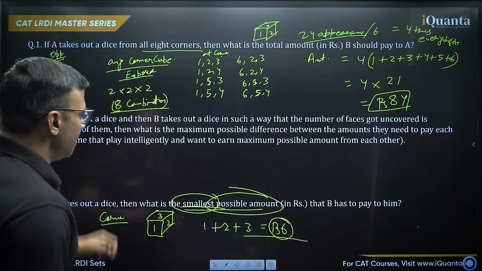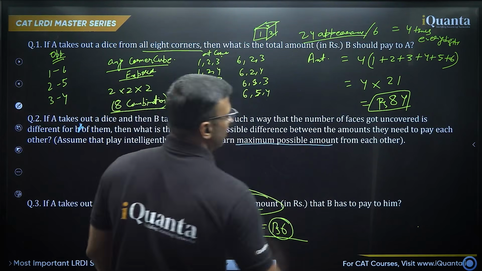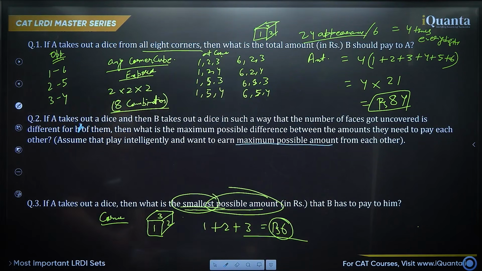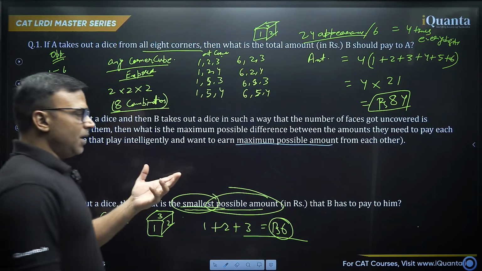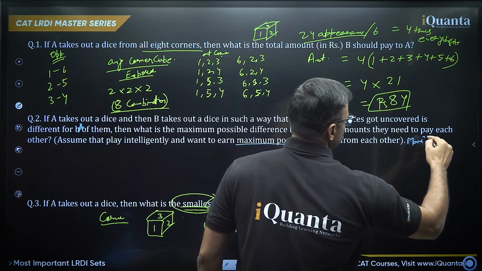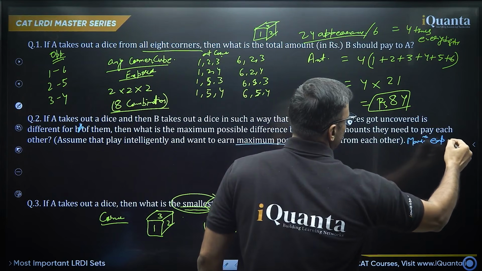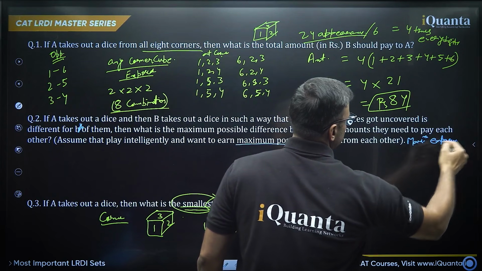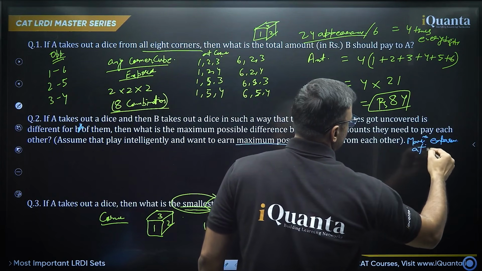but we also want to make sure that each one has to pay the maximum possible amount. So for the maximum possible amount, what you should do is maximum exposure in the later stage, maximum exposure after removal.